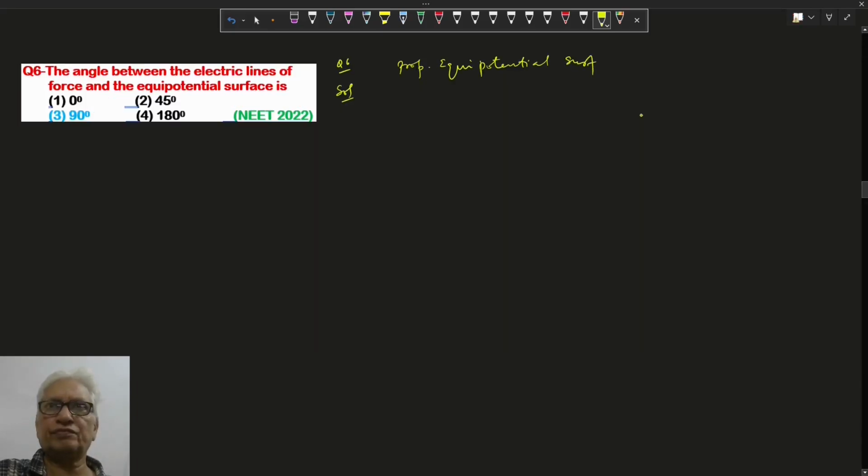2 is correct. Equipotential means voltage same everywhere. Voltage difference must be 0. If same, then difference will be 0 only. Then work done will be equal to change in voltage, that is also 0. If work done is 0, electrical field must be perpendicular to the surface. This is a very important property.